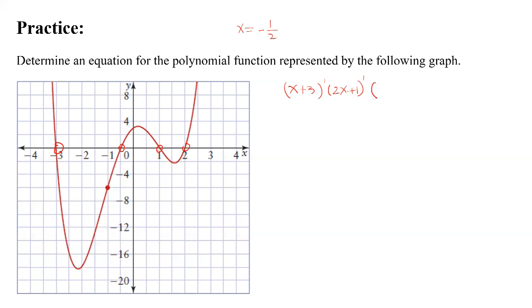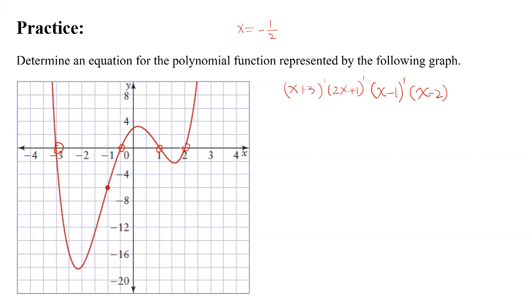Next, the zero of x being 1, so that means x minus 1 is also a factor. Note that the function changes sign here. If the function changes sign here, it has an odd order, which we can use the least order 1. Next, x being 2 is a zero, so x minus 2 must be a factor.